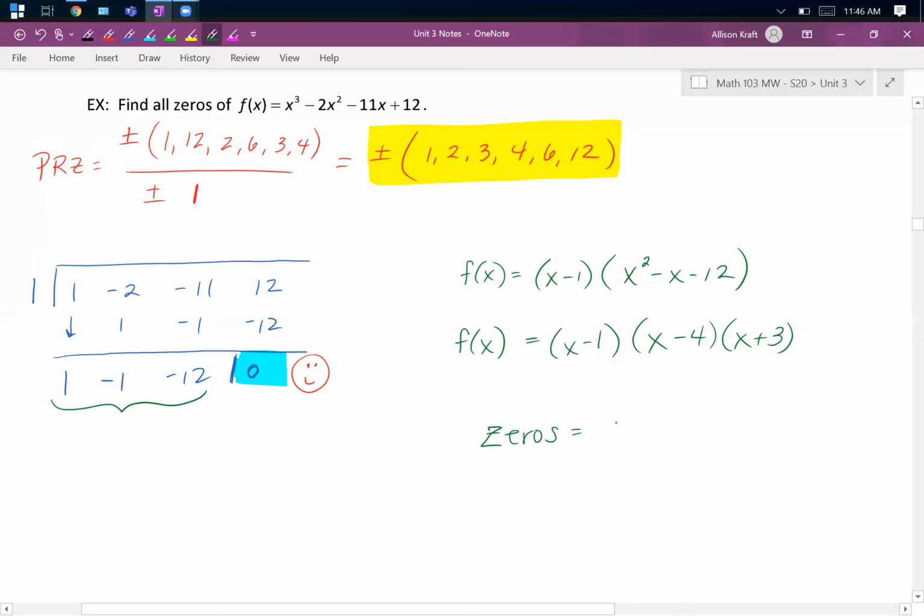Oh, we get 3 zeros, which we shouldn't be surprised by because we were degree 3 and our n zeros theorem told us we should have 3. Those 3 zeros are 1, 4, and negative 3.